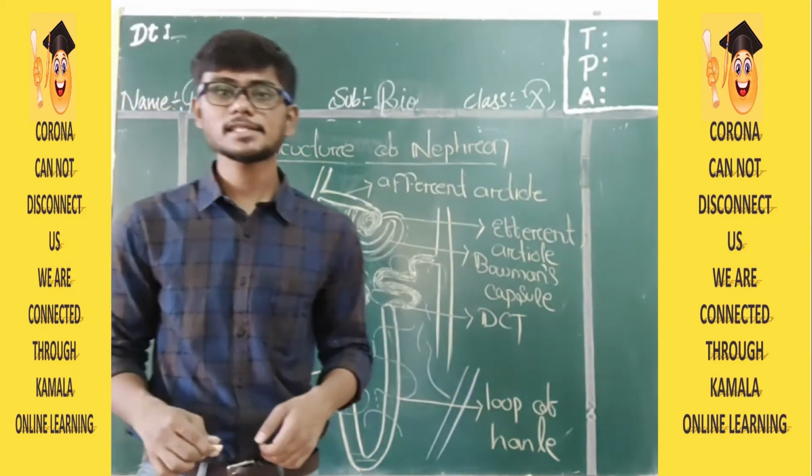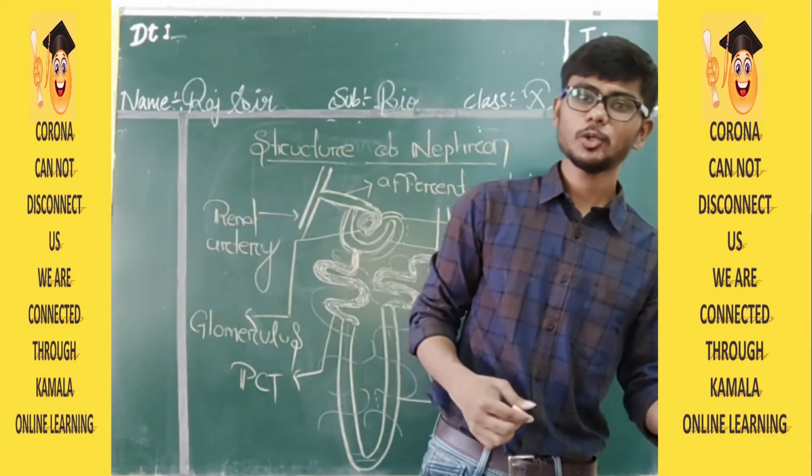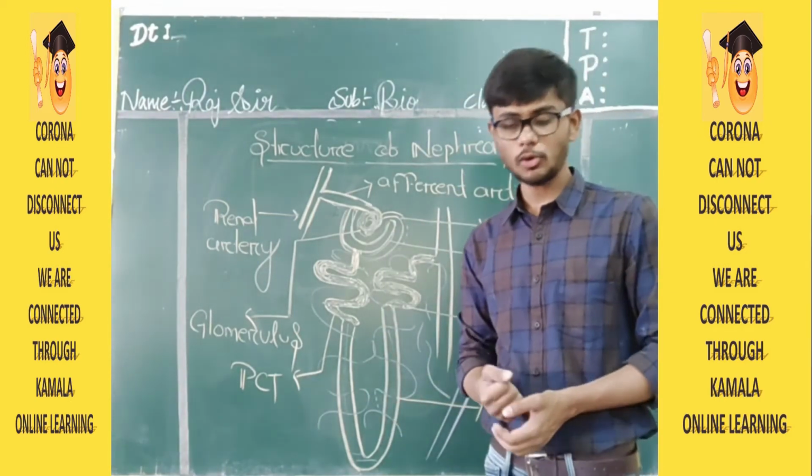DCT means distal convoluted tubule. So you have understood how to draw and label the structure.